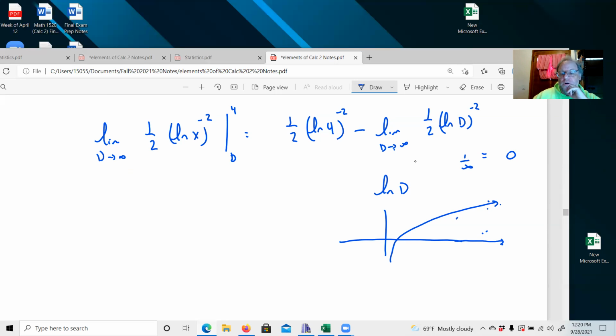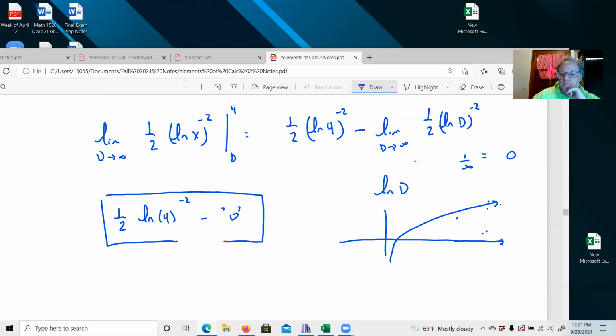So we end up with 1/2 ln 4 to the -2 minus 0, because that's where our limit is. So this converges, and that's our value for this one. Remember it's 1 over this thing, so we end up with 0. This converges, there's our answer.